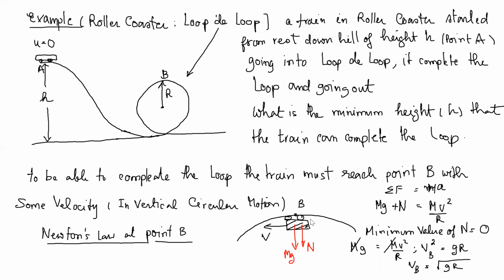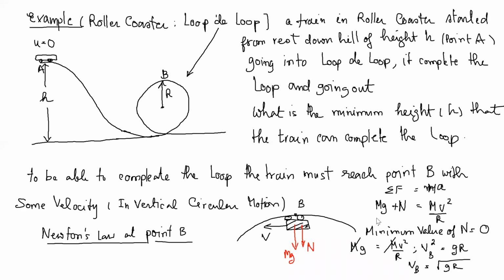According to Newton's law at point B, suppose the train is here with some velocity. The weight of the train is pulling down by mg, and there is a normal force as the train compresses the track. These two forces together act like a centripetal force for its uniform circular motion.